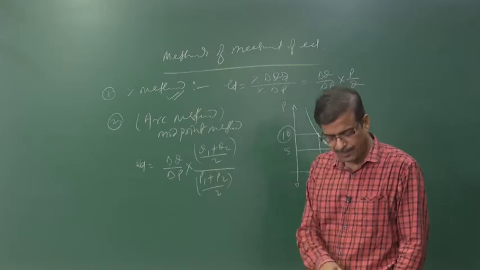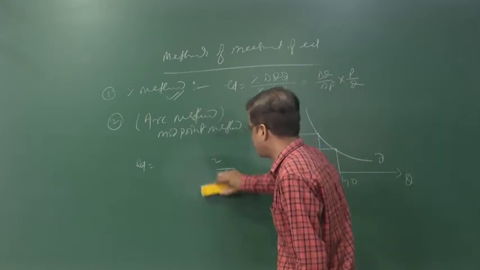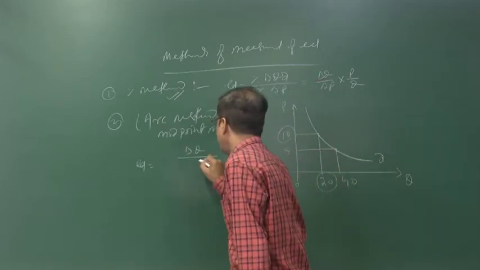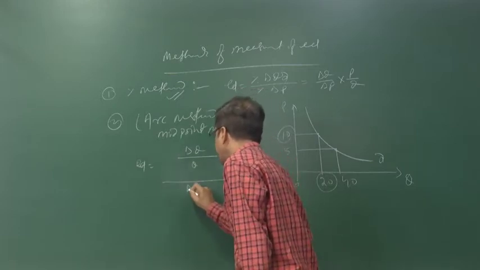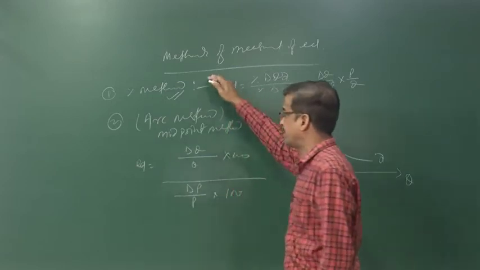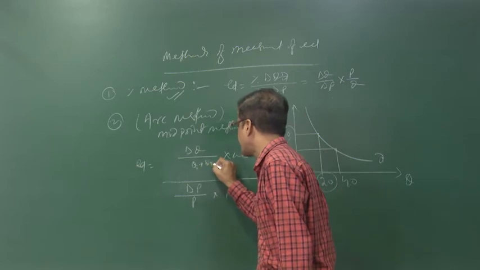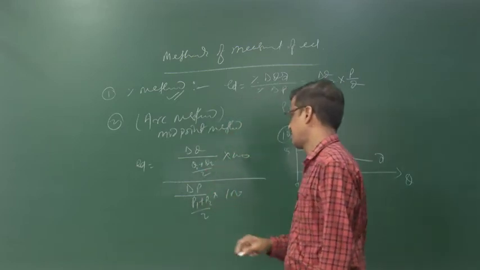So, we have to take delta Q upon delta P, we just change it. In the percentage method it is delta Q upon Q initially multiplied by 100 and delta P upon P multiplied by 100. But instead of that we have to take the average of the quantity and the average of the price.